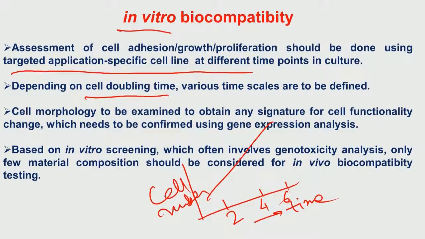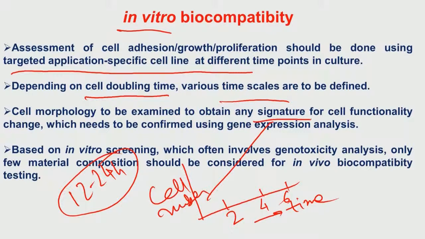And how to select the different timelines that you need to use depends on the cell doubling time. Typical human cell lines have a doubling time of 12 to 24 hours, or a little longer. Depending on the cell doubling time, the different time points in culture need to be defined. Cell morphology is to be examined using different microscopy techniques like fluorescence microscopy and confocal microscopy.